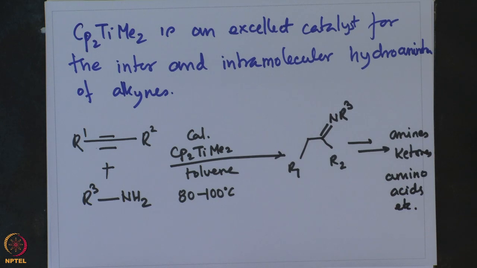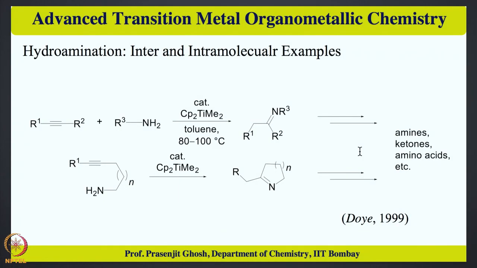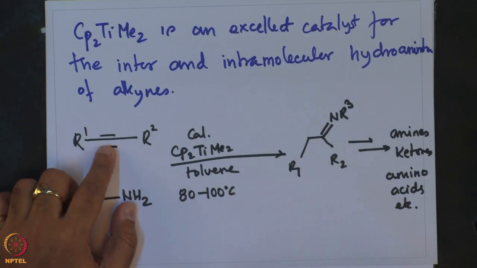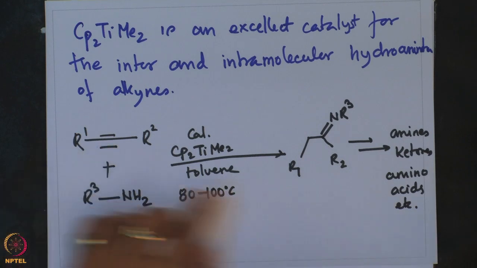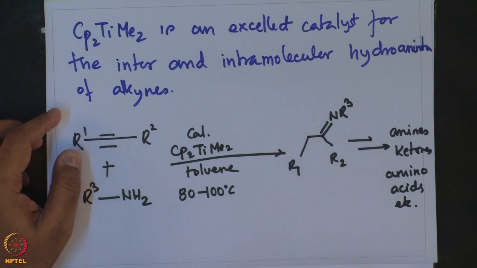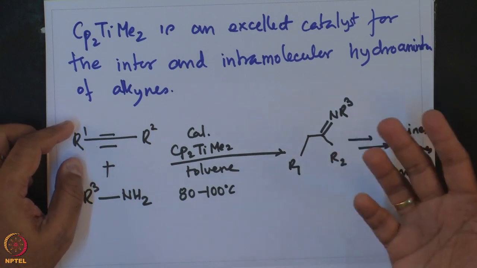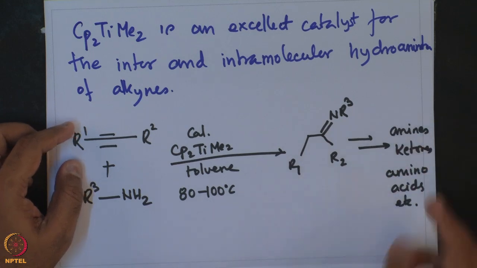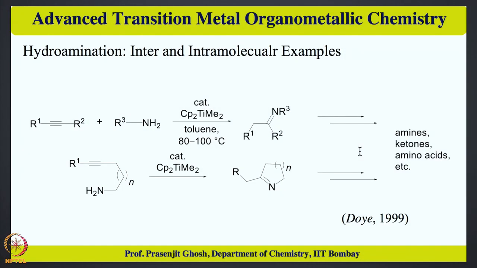So, here one can see that this is the case of intermolecular hydroamination, where N-H is adding across the triple bond to form this imine compound that can finally be converted to amine by reduction, or by hydrolysis to ketone or amino acid, and so on and so forth. There are not only examples of intermolecular hydroamination, there are well known examples of intramolecular hydroamination.